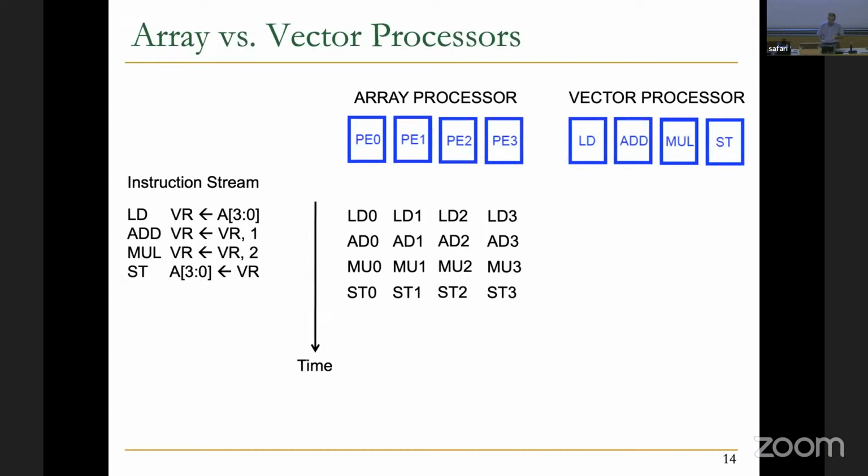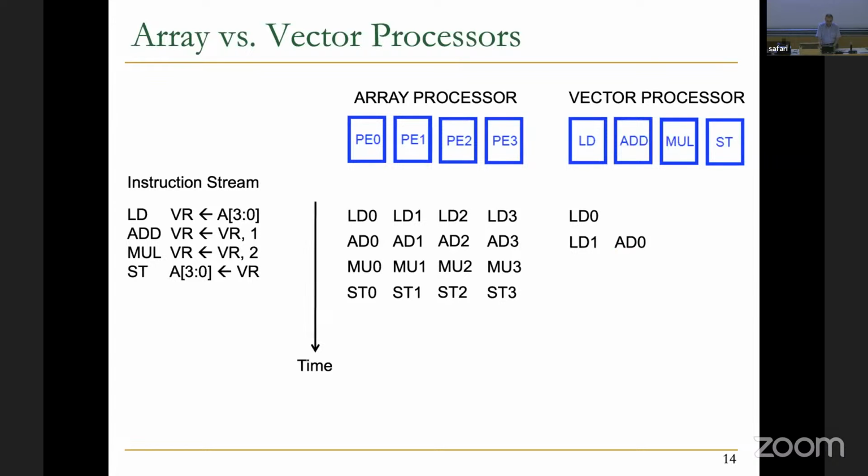However, in the vector processor, we assume that we have only 1 processing element, and in that processing element you have different functional units. You have a functional unit for load, for addition, multiplication, and store, and you need to pipeline it. In the first cycle, you can do the load only for the first element of your vector, and then you go to the second cycle.